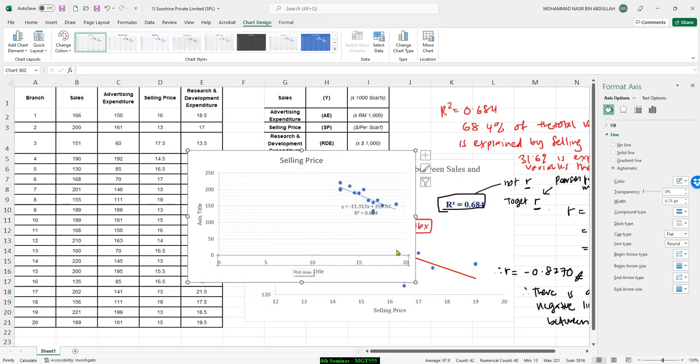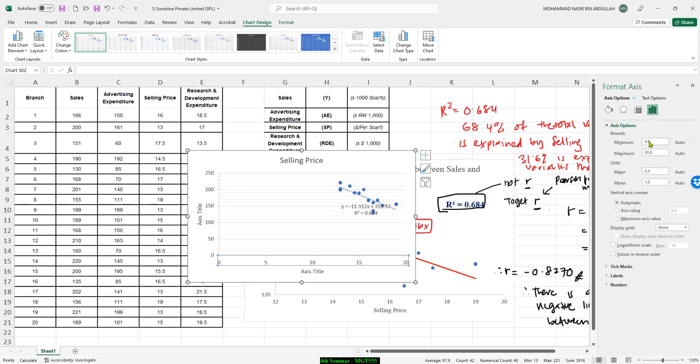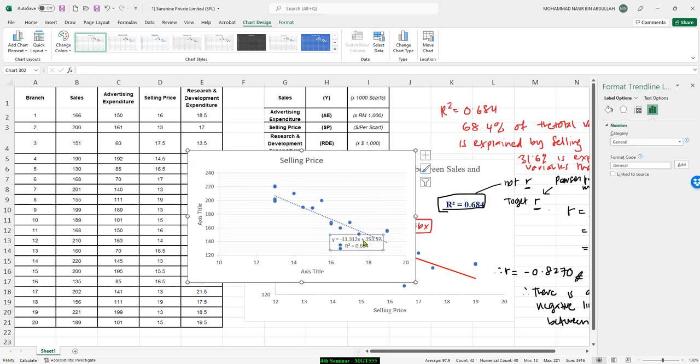Then the same procedure, we go to format axis, axis options. This is from 10 to 20, and for y axis 120 to 240. And then it will give the trend line here. If we cannot use the first layout, you can choose layout number 9.